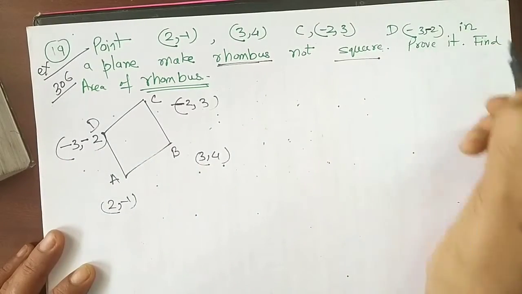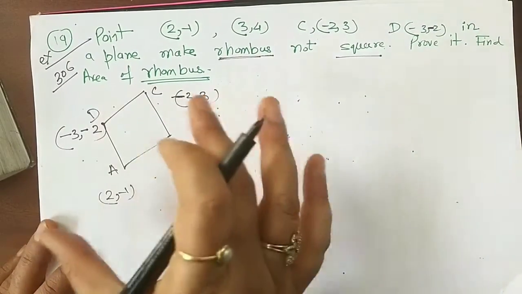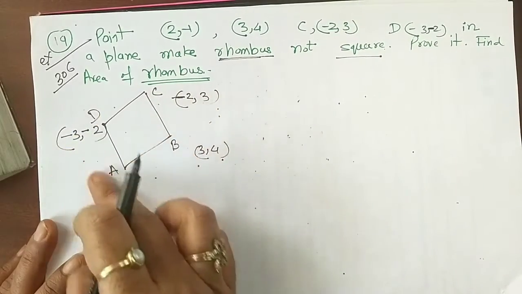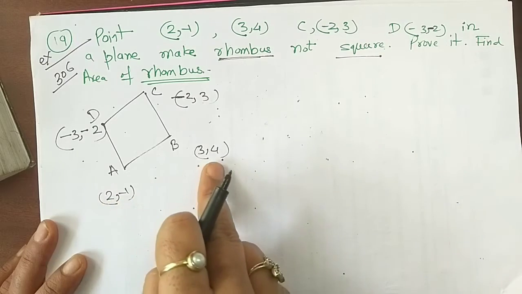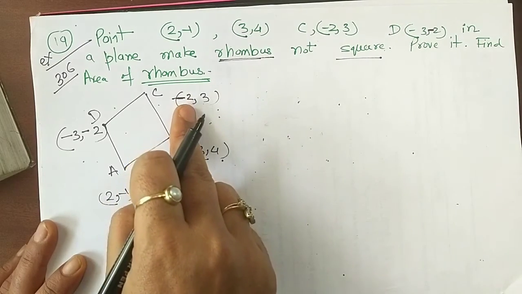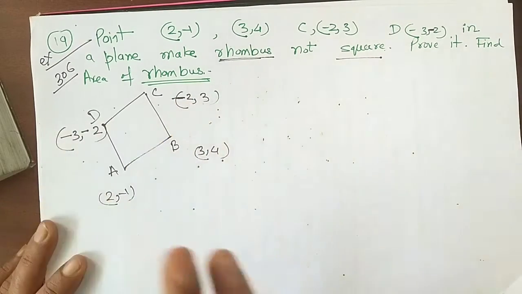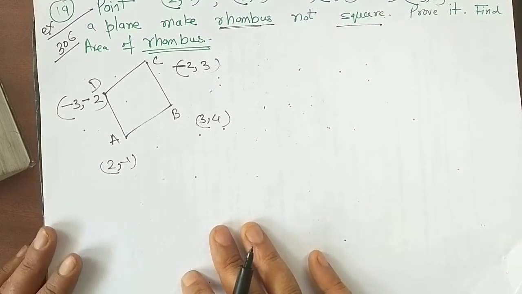Sorry, this point was minus. So before you proceed, make sure your points are correct. So let me check: 2 comma minus 1, 3 comma 4, minus 2 comma 3, minus 3 comma 2. Now I am ready to proceed.